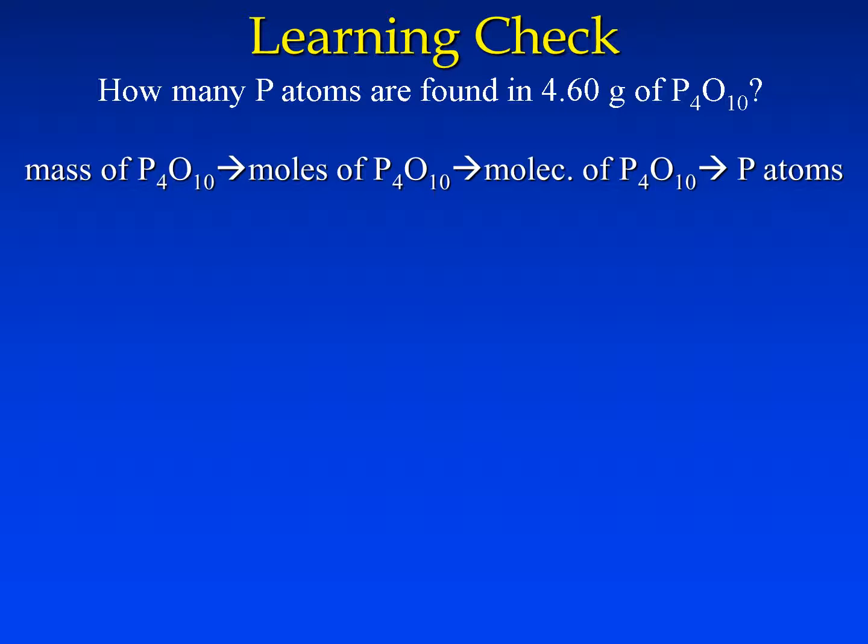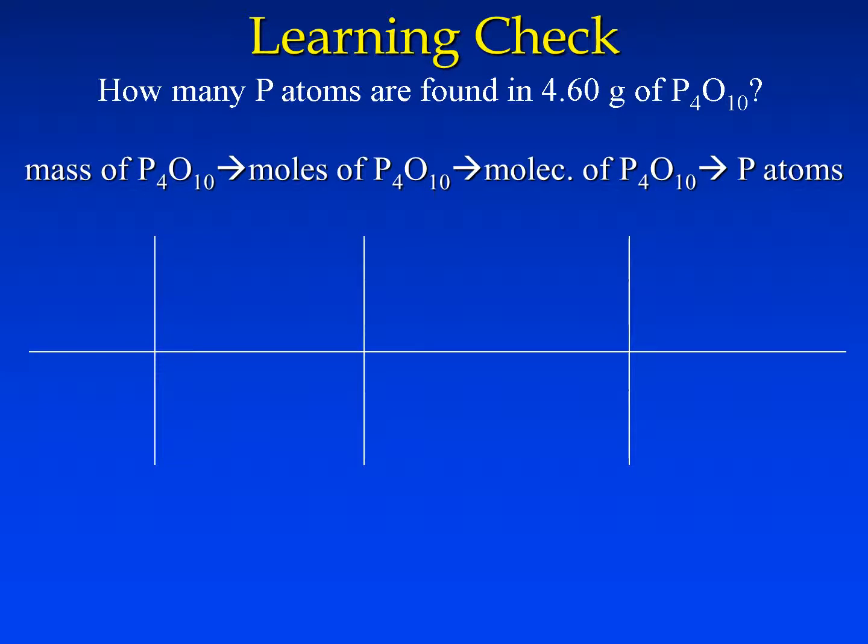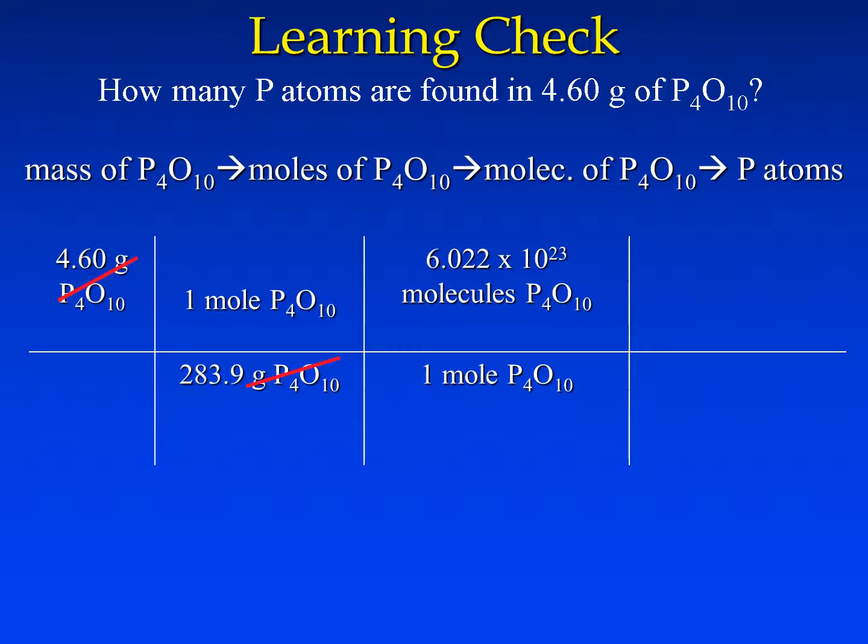Here is the sequence, and here is the series of calculations. Once again, we start with the value given. We then convert that to moles. We convert the moles to molecules, and now we have one more step, right? We have to convert the molecules to phosphorus atoms.